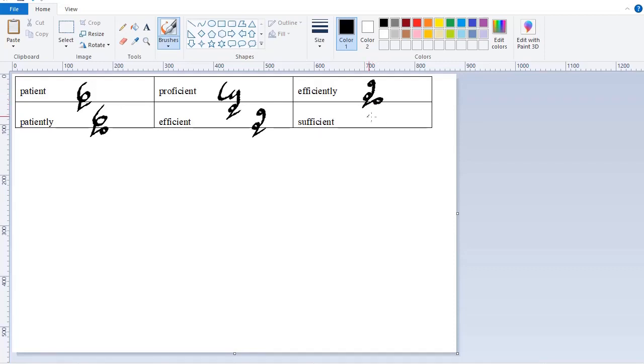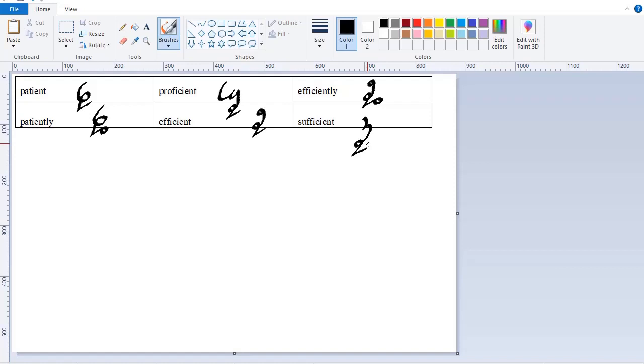And then next and last, sufficient. We have sufficient, S-U-F and then E, and then shent. Okay, so that's it for your Sean, Shensi, and Shent words.